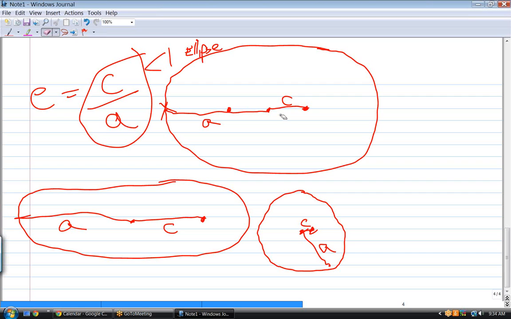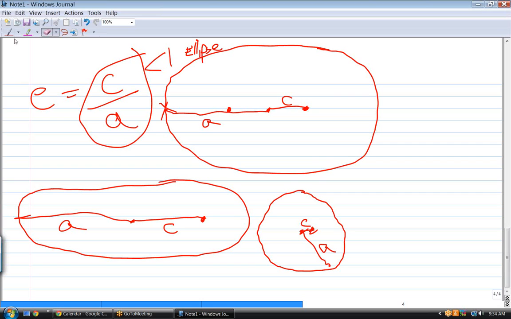In other words, this ellipse I drew down here, c is barely away from the center. It's only in very oblong ellipses where c moves towards the edge.